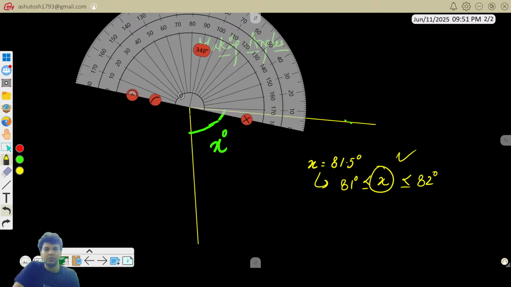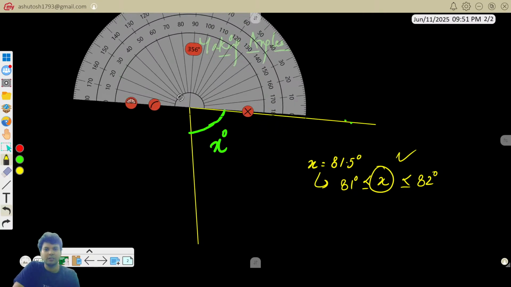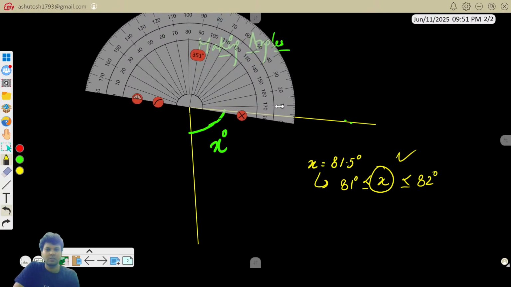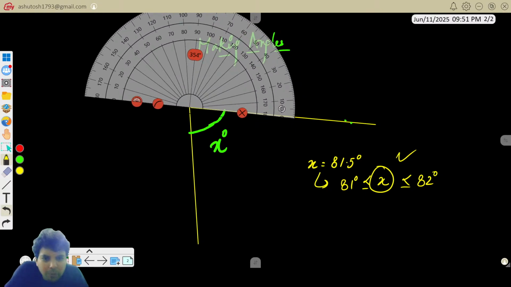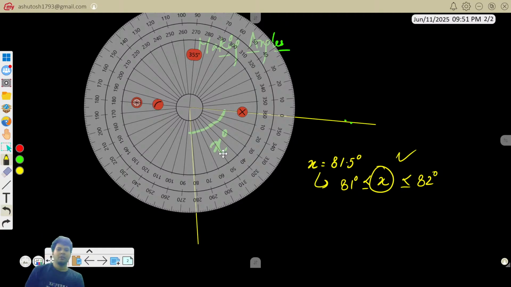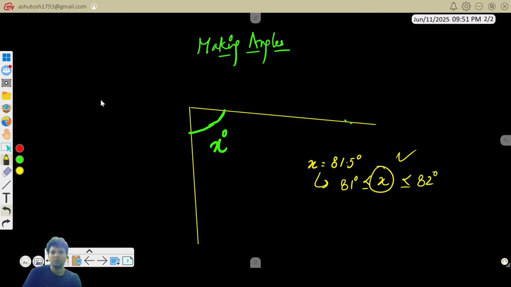See, either you take it as zero or you take it as... there is no problem in that. ठीक है? From zero, we see that it is 81 and 81. So you don't need a complete protractor for that purpose. It can be solved with this thing also.